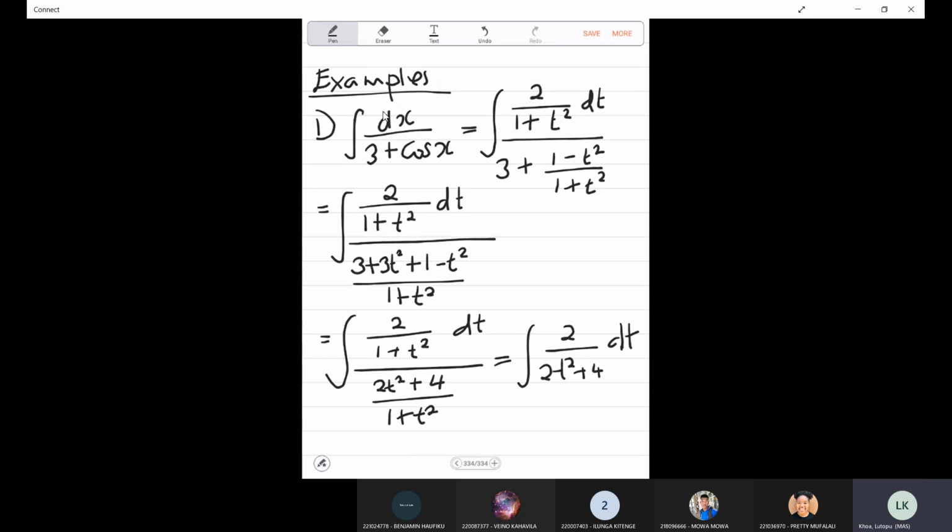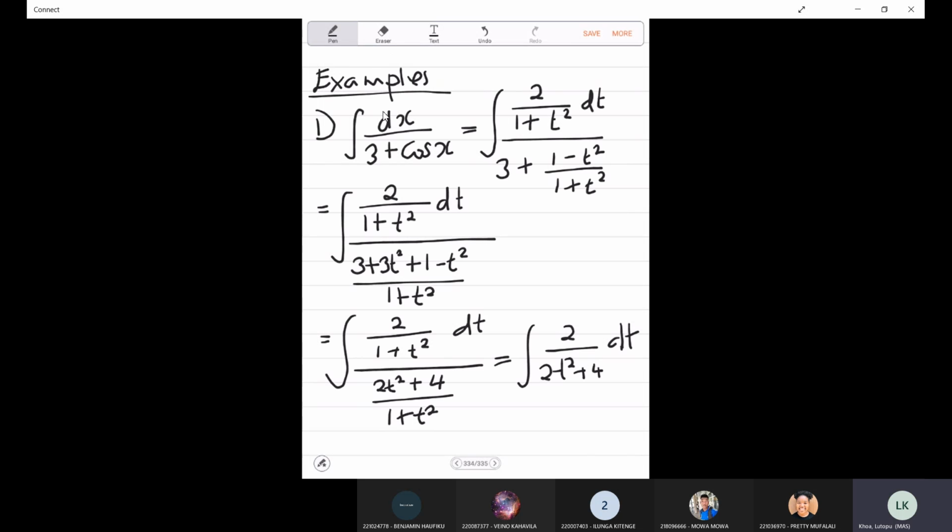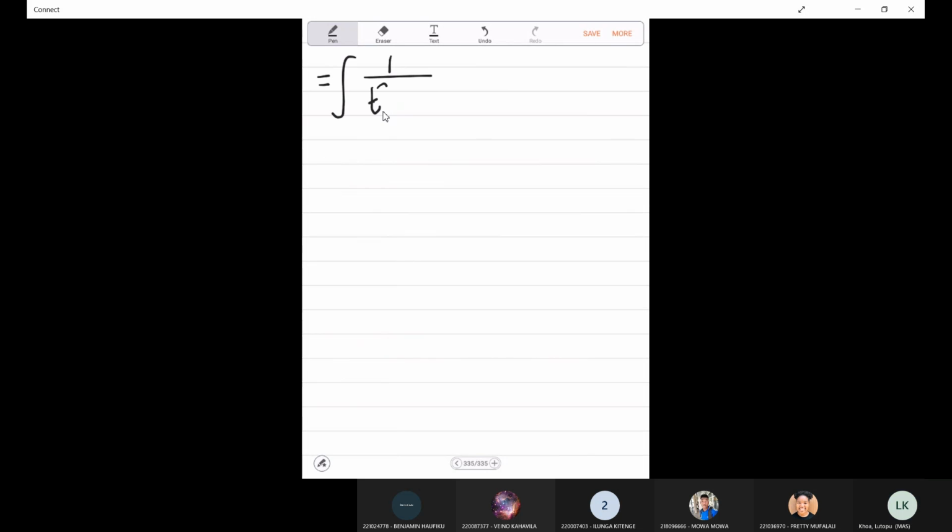So we can cancel that out. Then we have the integral of 1 over t squared plus 2 dt. Okay, so if we were to integrate this, we should already be thinking of tan inverse.